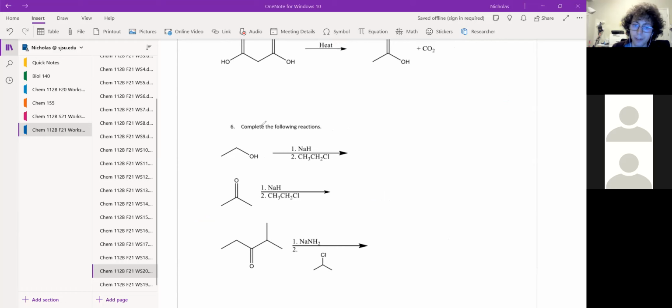Right here we have an alcohol and we're adding sodium hydride and then we're adding ethyl chloride. This is actually an old reaction, but it'll be similar to the next couple. What is the first step going to do with the sodium hydride? What's that going to do to the structure?